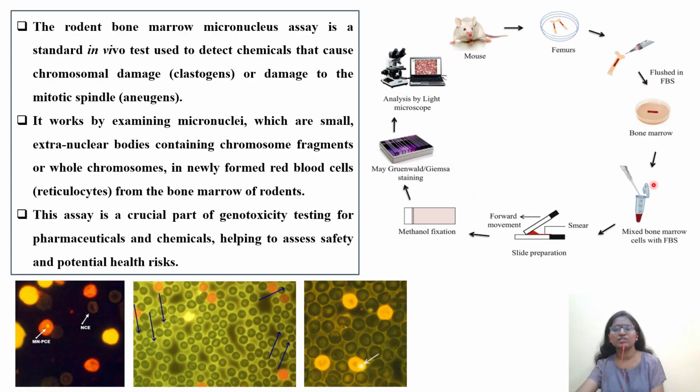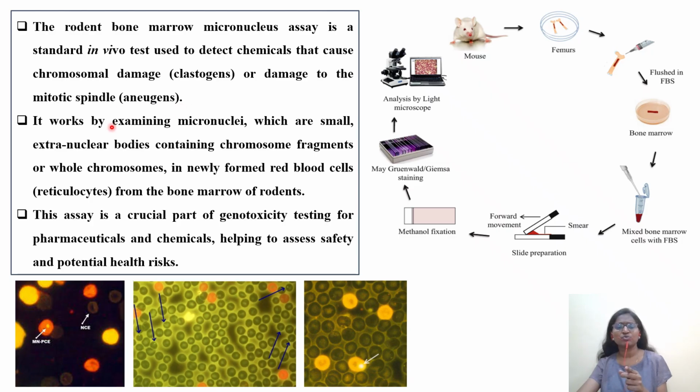Let's see what else we can learn from this concept. The rodent marrow micronucleus is a standard in vivo test. The other two options, CHO cells and the other, are in vitro tests used to detect chemicals that cause chromosomal damage, that is clastogens, or damage to the mitotic spindle, that is aneuploidies.